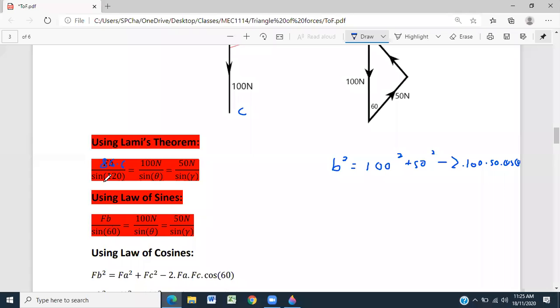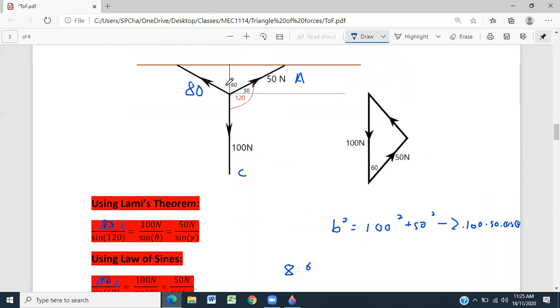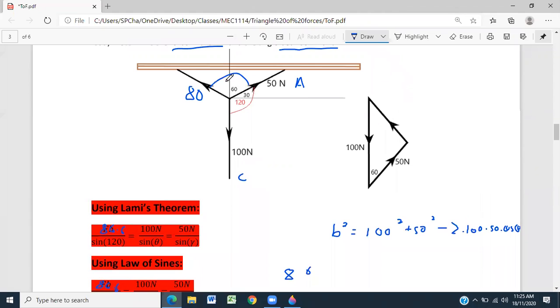So now we have a full pair. So now we can easily find the angles that we've been missing, right? So let's use this. And we want to find the angle opposite the 100 Newton side, right? For this here.